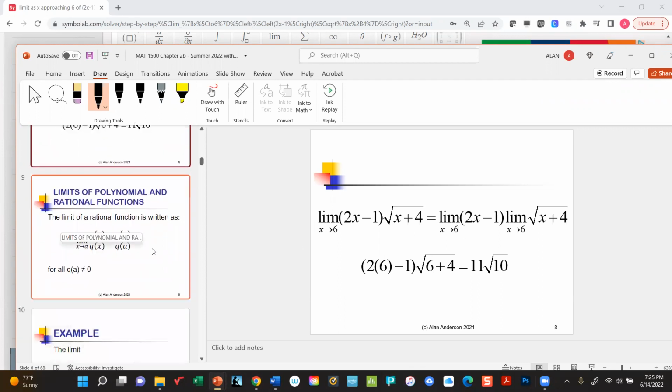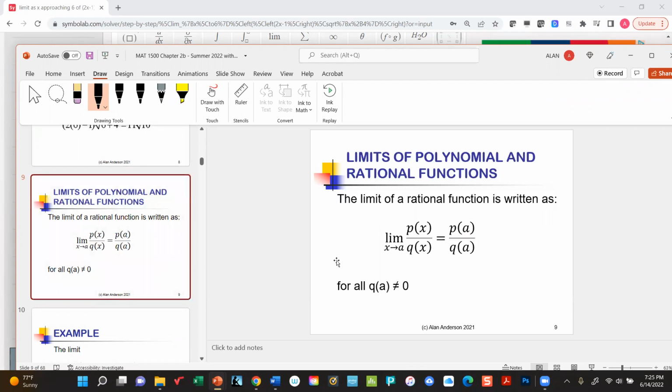Now, here's an interesting one: polynomials and rational functions. What about their limits? Of course, a rational function is a ratio of two functions. So if we are taking the limit as x goes to a of this ratio, we're going to wind up with p of a over q of a, providing, of course, that q of a is not equal to 0.